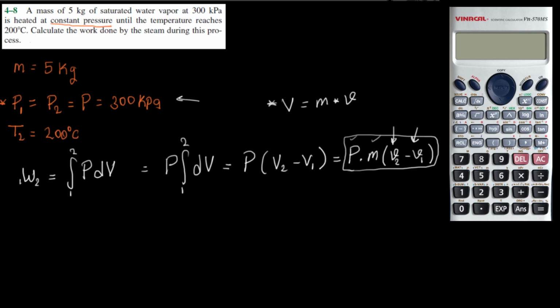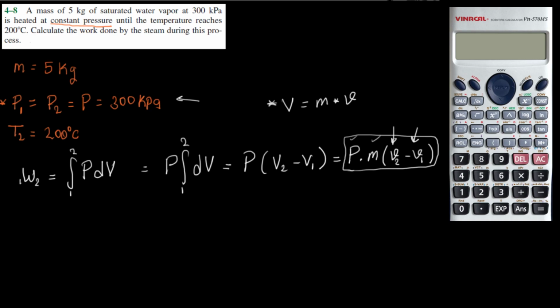And when we have water, the only way that we can obtain the value of specific volume 2 and 1 is from the tables, okay? So we go to the tables and notice now, in order to decide which table we should look in for the information, you have to look at the question carefully and read it.